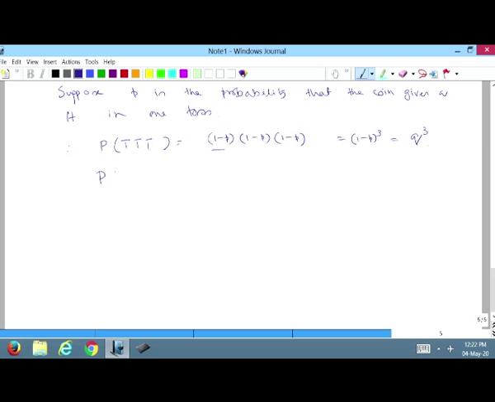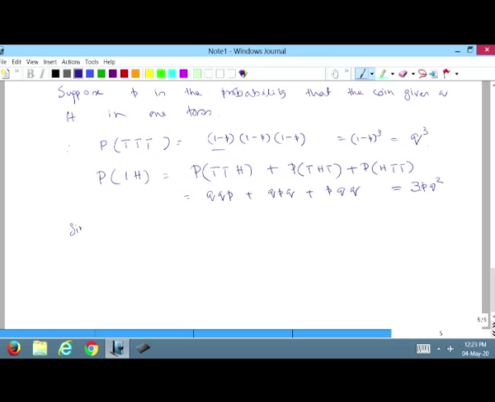Similarly, probability of one head is equal to probability of T T H plus probability of T H T plus probability of H T T, which is q q p plus q p q plus p q q, which is equal to 3 p q square.